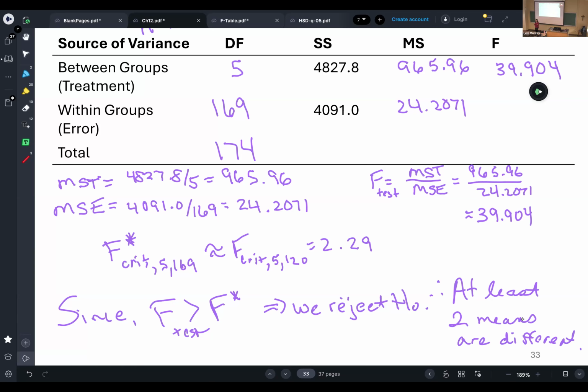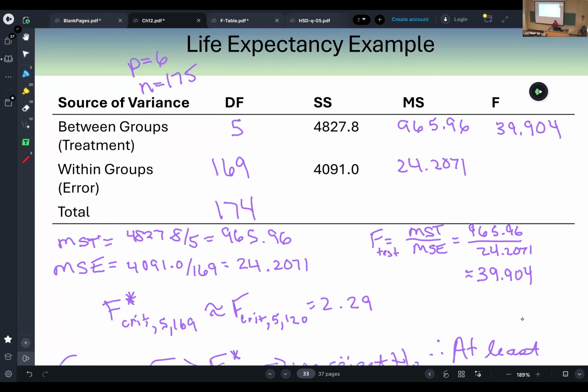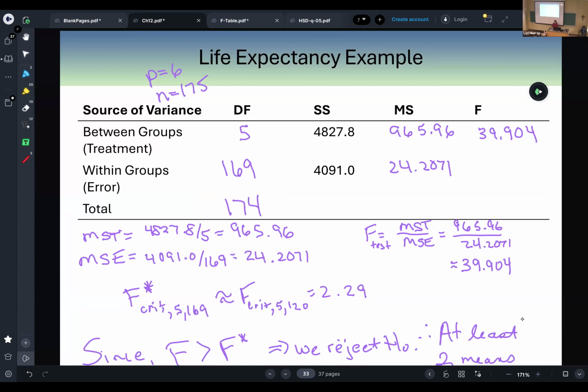And as the data comes in, we keep updating this, keep testing, run the same test, the ANOVA, to see if they might one day maybe be statistically equal. Right. So that's how we run the ANOVA test, the life expectancy example. It's sort of one more example to help you understand the test.